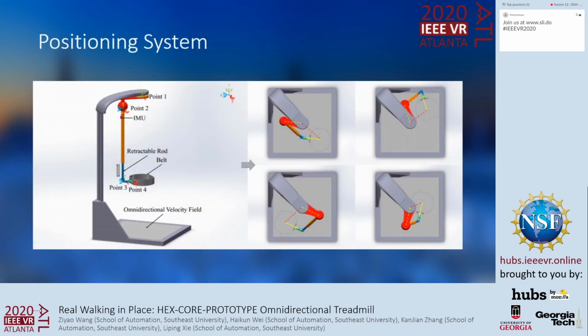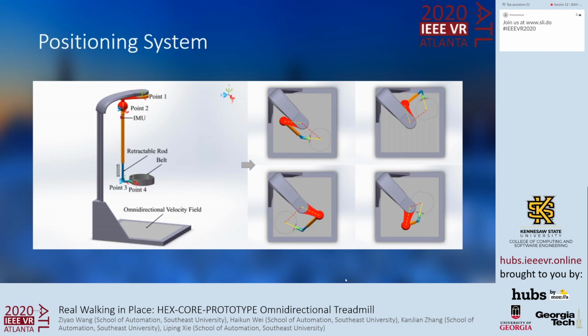The positioning system is an IMU-based system, as shown in the left part image. The user stands on the omnidirectional velocity field and is tied by the belt. There are 4 rotation points. Each rotation point has a specific rotation axis. The length of the retractable rod can change. The 4 rotation points and the retractable rod jointly provide 6 degrees of freedom for the user.